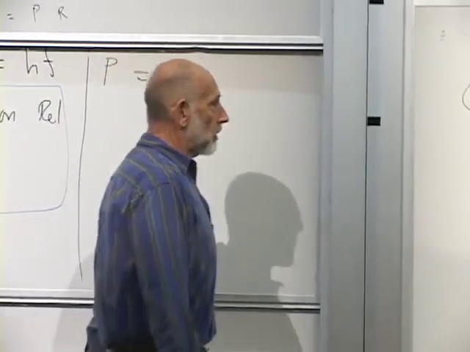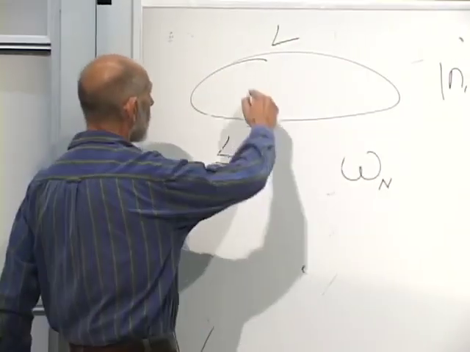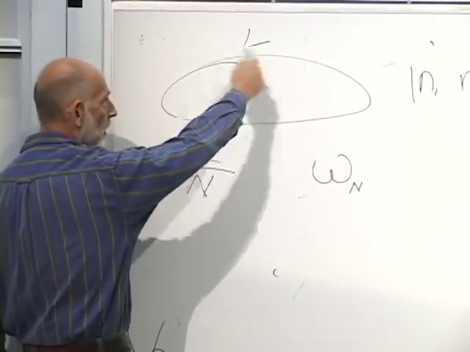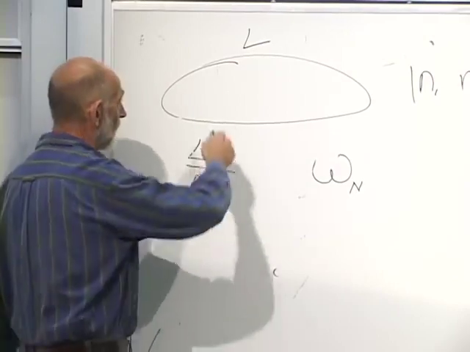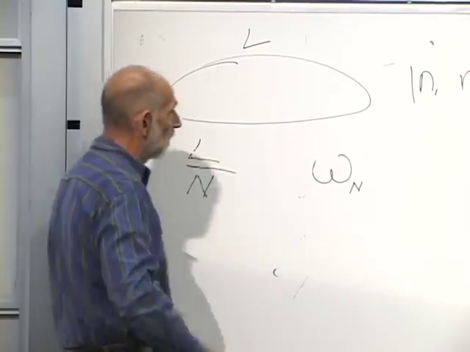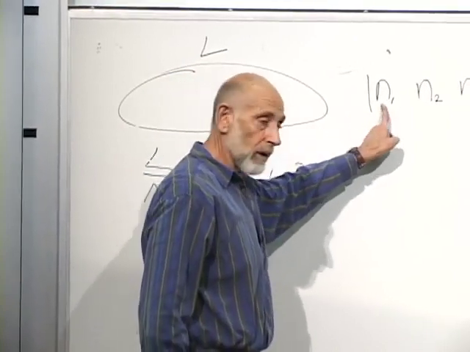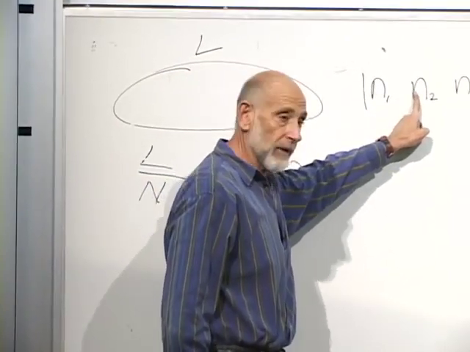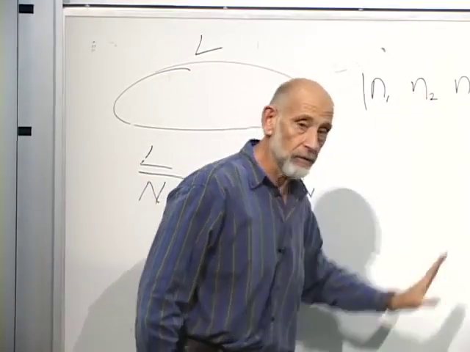This would correspond to a state in which the longest wavelength oscillator has N1 quanta in it. The next longest wavelength oscillation would have N2, N3.